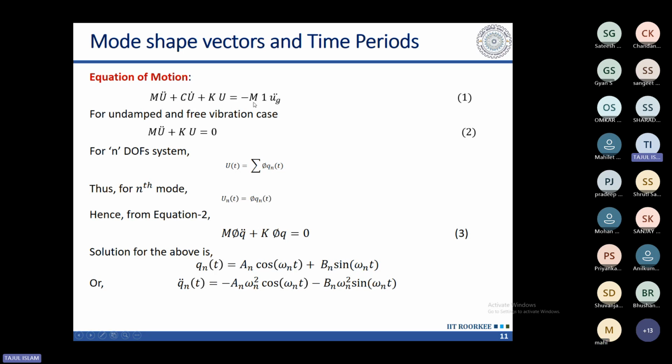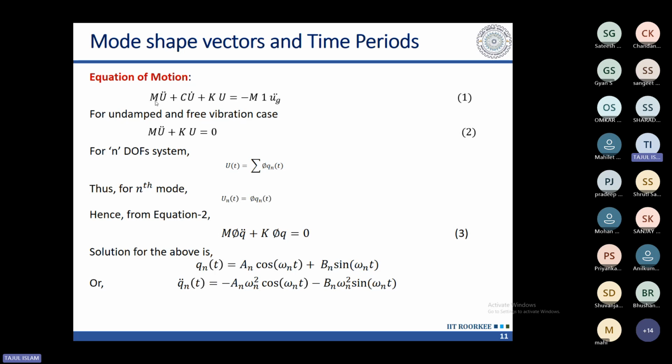On the right side, you have this as a matrix and the other two as vectors. This can be a single quantity also if you have ground motion applied in just one direction, but it may be a vector if you have simultaneous ground motion in 2 or 3 directions, and this is a vector. Again, to understand this one, you can contact me or you can refer to our previous course materials. There, these things are explained clearly.